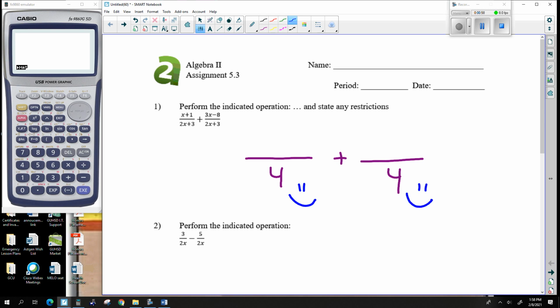And after that's accomplished, the answer is 4. So you don't actually add the denominator. All you do is you generally add the numerator. Okay, so that's how that process works.